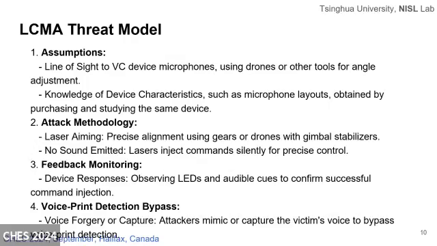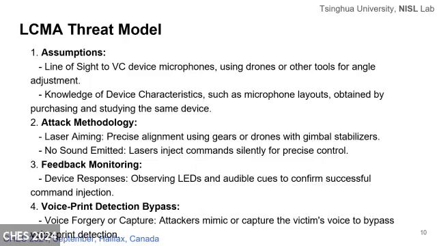So we use drones or other tools to adjust the angles. They are also assumed to have knowledge of the target device's characteristics, such as the microphone layout, so we can aim and transmit the laser precisely to the small microphone apertures. This is very important.